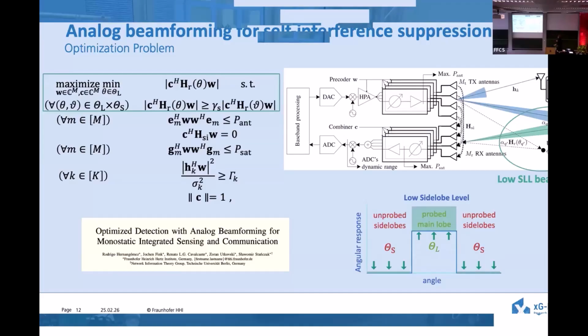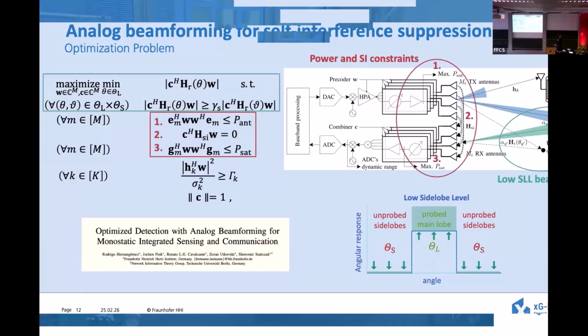There is a difference to MMSE-based approaches, because in that case they try to estimate some kind of lower bound and upper bound. We are not interested in an upper bound. We just try to ensure that the power in the main lobe is above some threshold, and that the unprobed side lobes are small enough.